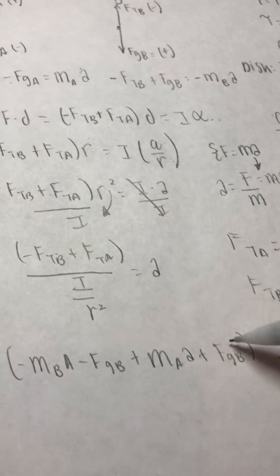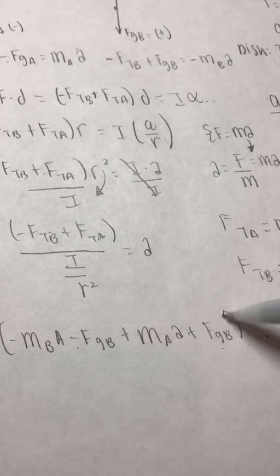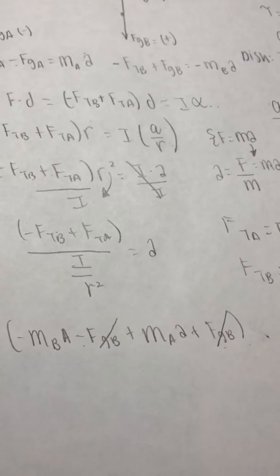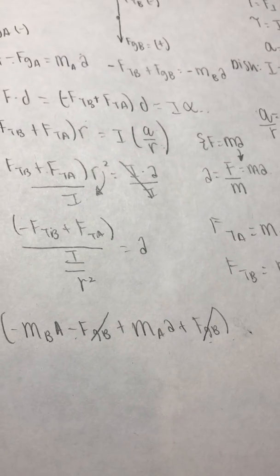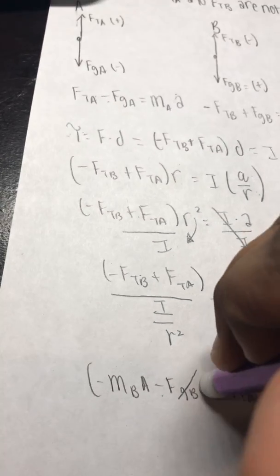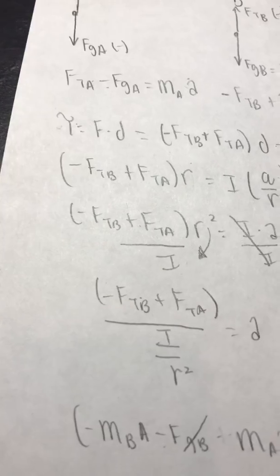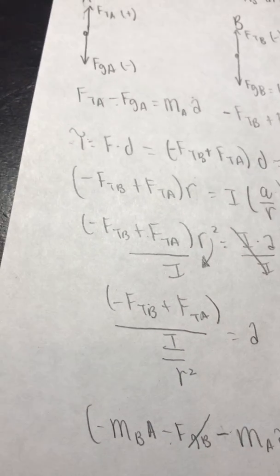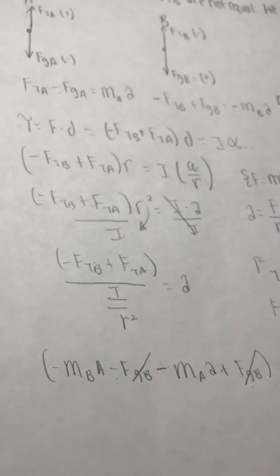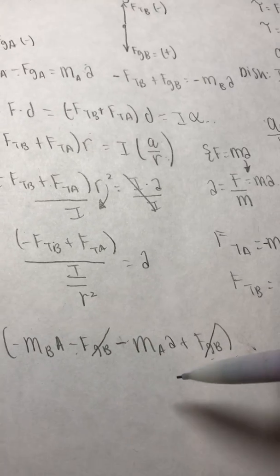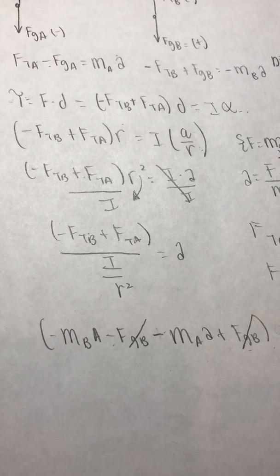But remember that your forces are going to cancel out here. So this is going to cancel out. And, oh, this one should be negative. Sorry, this over here should be negative. I didn't notice that, but that's supposed to be negative.